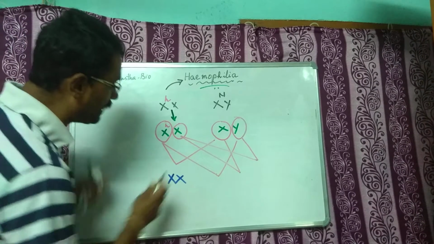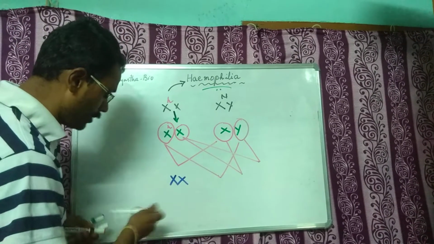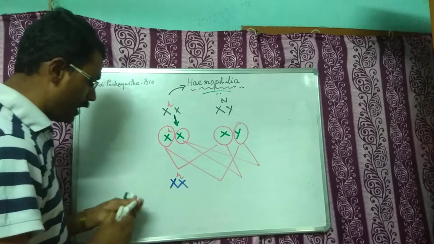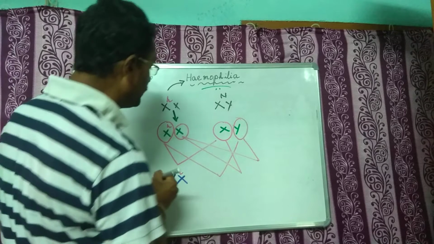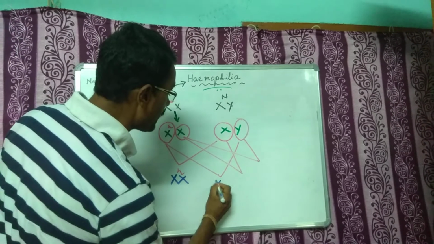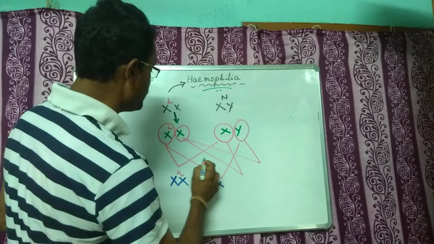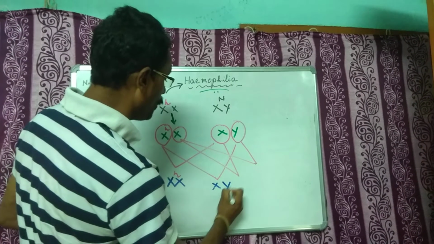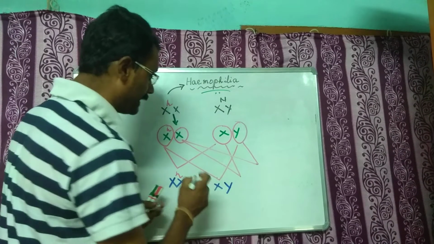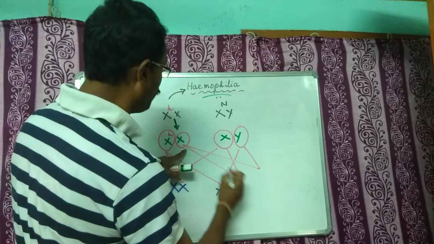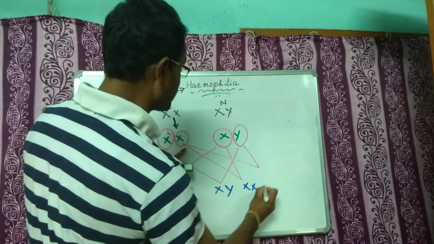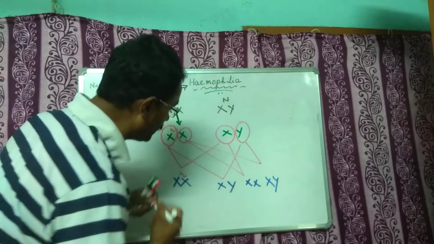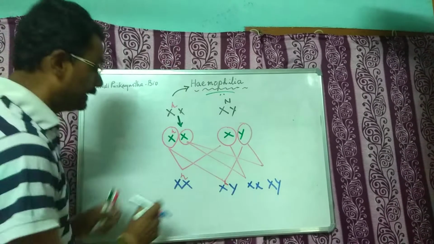H is there, having hemophilia. You have X and H in this one. Now again you are finding X and Y. Then next you are finding X, Y. Now you see here, H. Here both cases are the same.